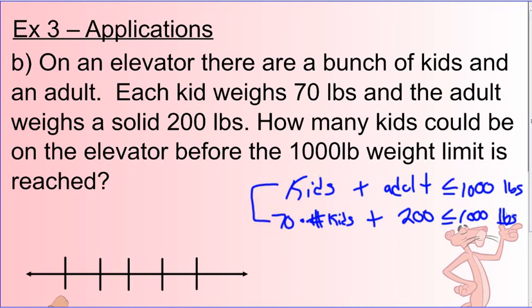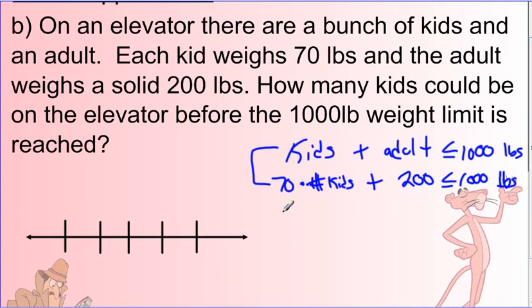So this is our verbal model. This sets us up for our inequality. So now watch. 70K, that's 70 pounds for each kid, plus the 200-pound adult is less than or equal to 1,000 pounds. Do you see how simple that was to set up? Now that we pulled the information and made a verbal model, the inequality is cake. And we solve.